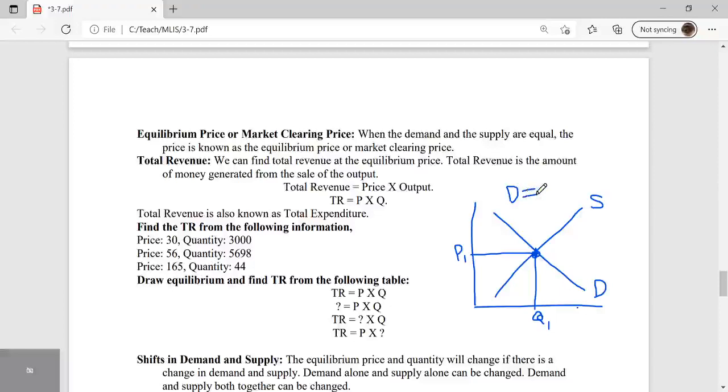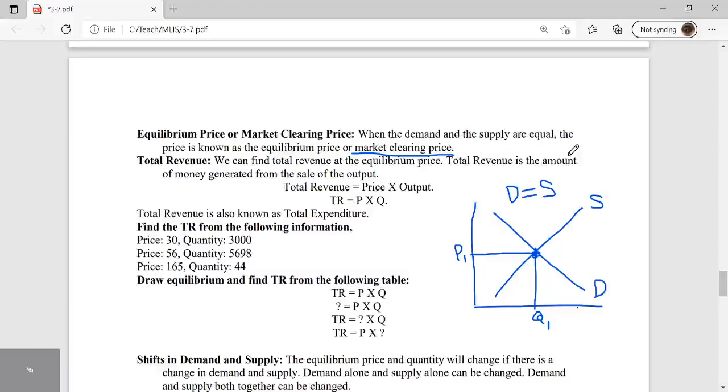That's equilibrium, also known as the market clearing price, because at this price all the goods brought to the market will be sold out. There won't be any shortages or any surplus of goods. That's why demand and supply are equal, and it's known as the market clearing price.